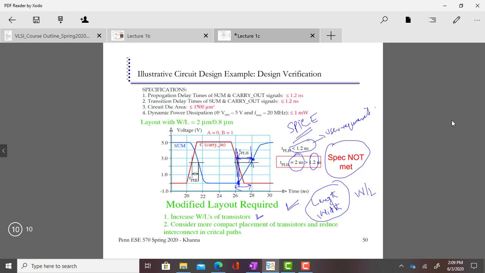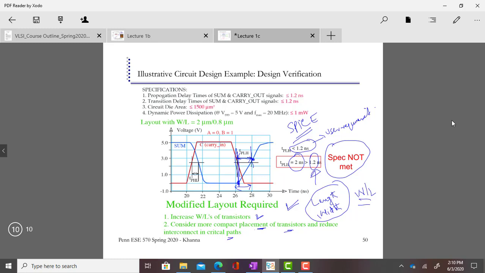In order to get 1.2 nanoseconds, we have to modify the physical structure of the transistor. Consider more compact placement of transistors and reduce the interconnect critical paths.